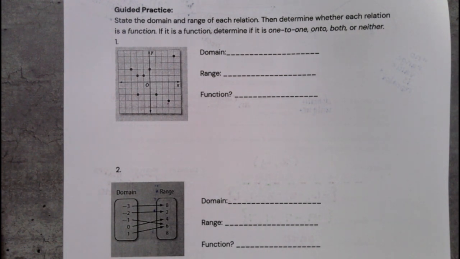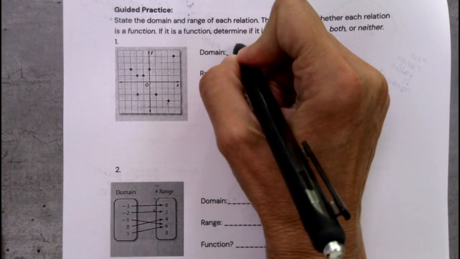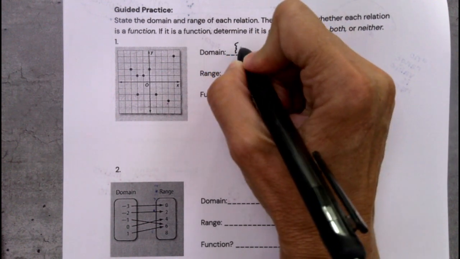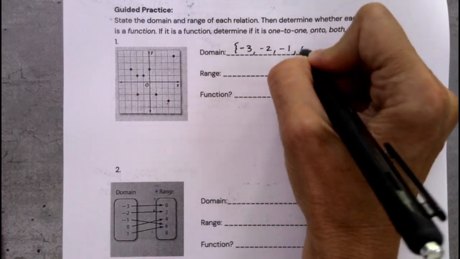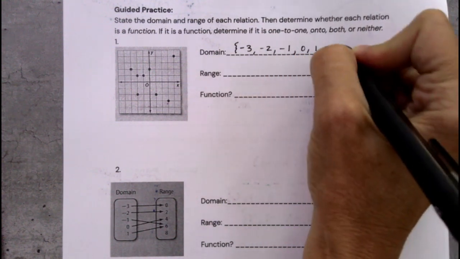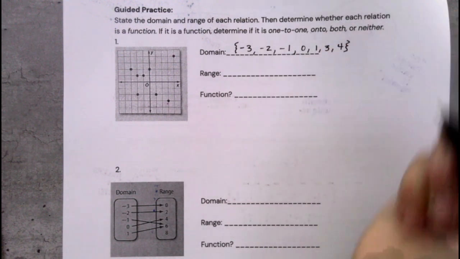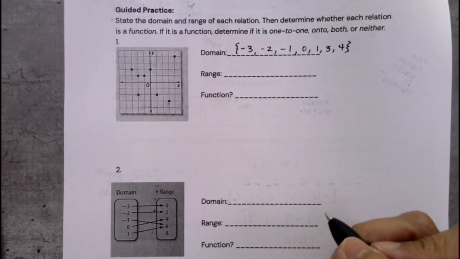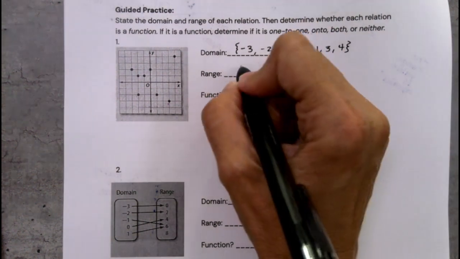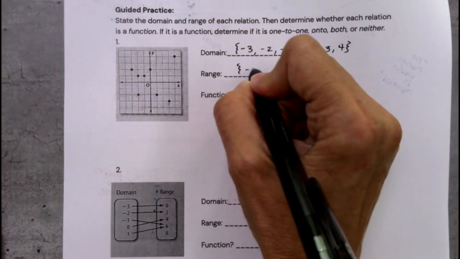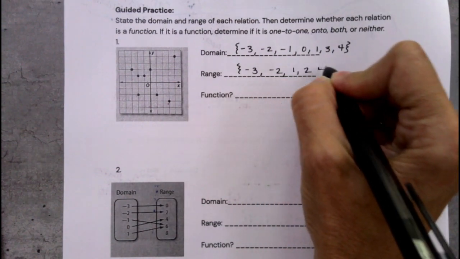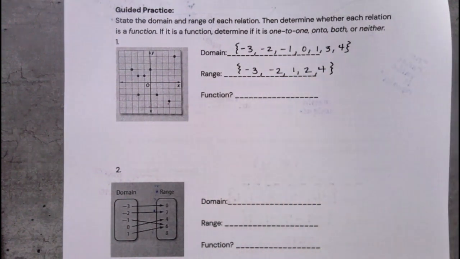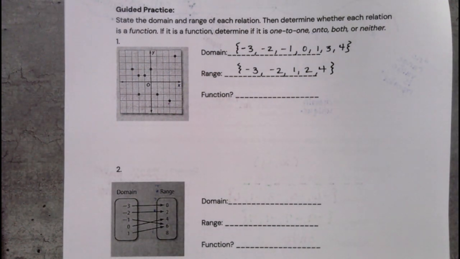So our domain is -3, -2, -1, 0, 1, 3, 4. I think most of you got all the domains and ranges right, though. And then our range is -3, -2, 1, 2, 4. Is it a function?